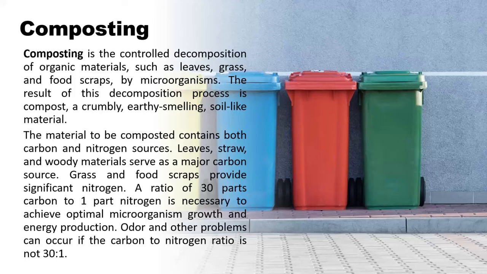Because municipal solid waste in the United States contains up to about 25% yard trimmings and food scraps, composting of this material can greatly reduce the amount of waste that ends up in landfills or incinerators. The decomposition of the organic materials in composting involves both physical and chemical processes.